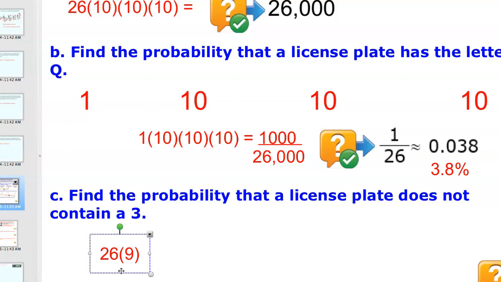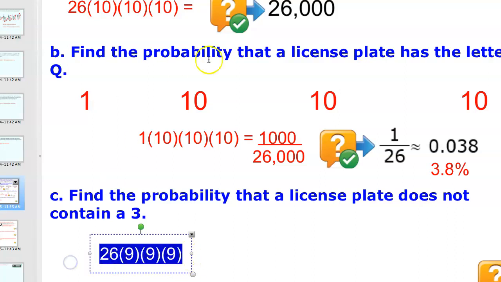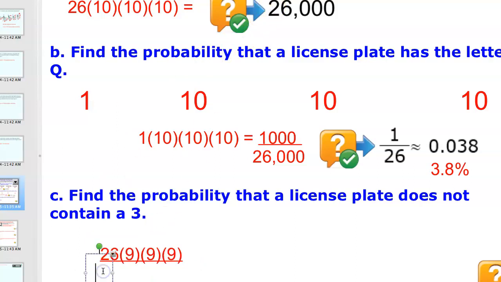Then I have 9 digits to choose from. And again, 9 digits to choose from. So 26 times 9 times 9 times 9. And then that's going to be all over the total number of possible outcomes, right? Probability out of the total, 26,000.